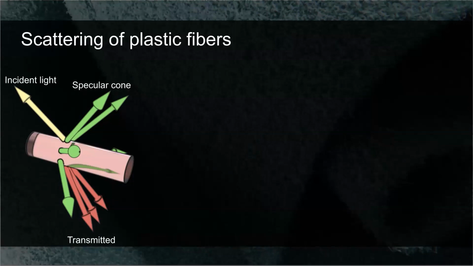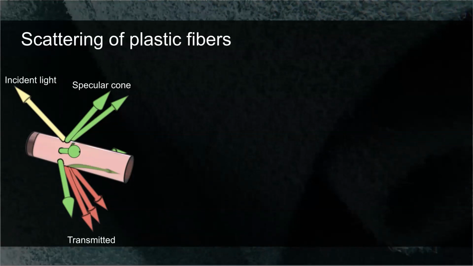For textile fibers, there are typically two primary cones that are important. There's the specular cone, which is basically reflected off the circumference of the cylinder. And then there's a transmitted cone, which is caused by the refraction of the light going through the cylinder twice. Of course, light could bounce around any number of times inside the cylinder, but for textile fibers this is not so important. It's much more important for hair or fur.